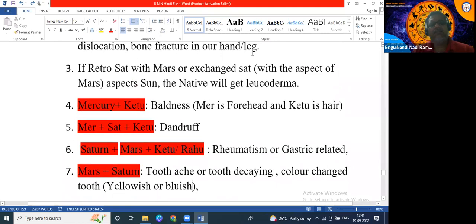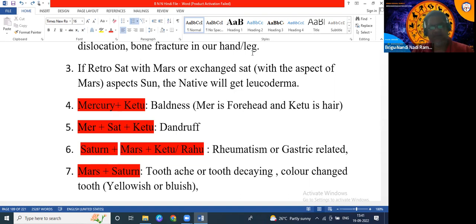And again, Mercury and Ketu. Actually, Mercury is forehead and Ketu is hair. Forehead means not only the front part, it will also cover some of the front portion of the head. So generally hair may fall down.